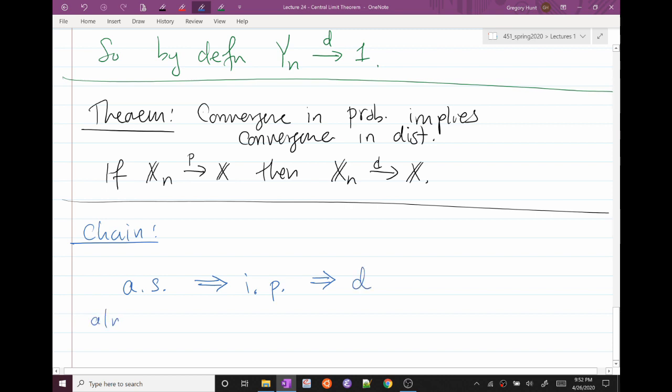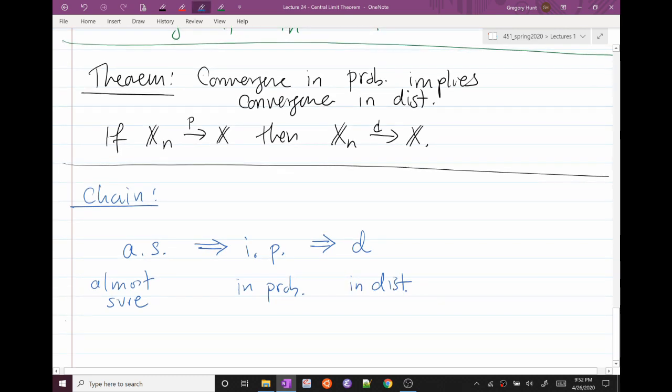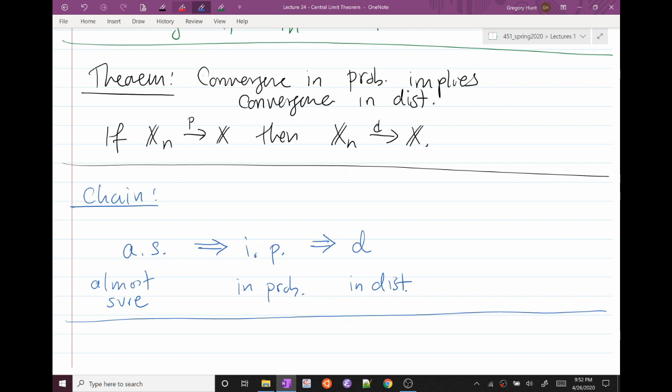So that's the chain. The strongest mode of convergence is almost sure. Slightly weaker is convergence in probability, and even weaker still is convergence in distribution.